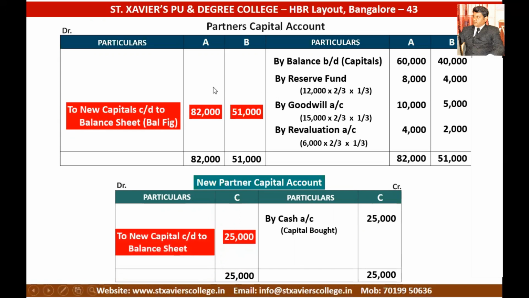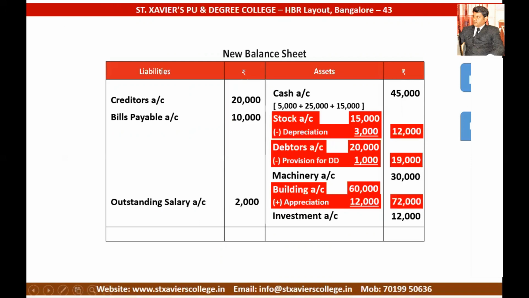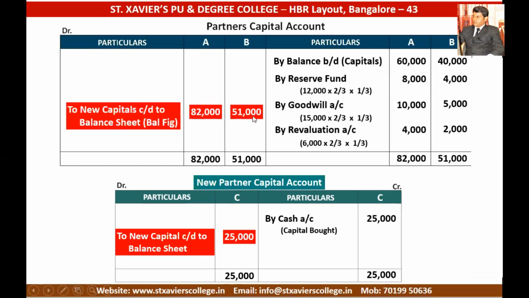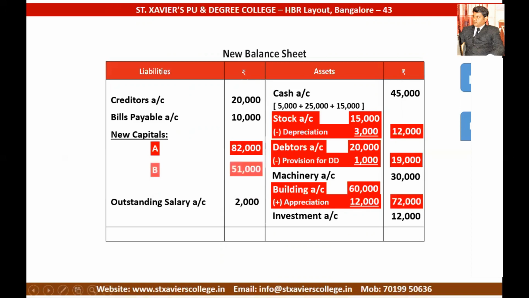So the only thing we need to take in the balance sheet is the new capitals. That is A 82,000, B 51,000, C 25,000. We go from the partners' capital to the balance sheet and write these new capital values. So now you can see new capital, A 82,000, B is 51,000 and C is 25,000.